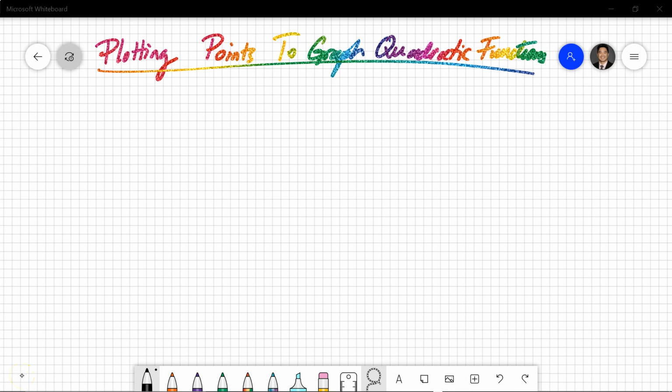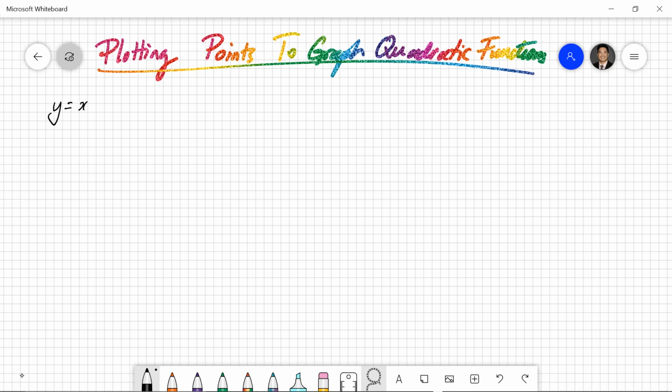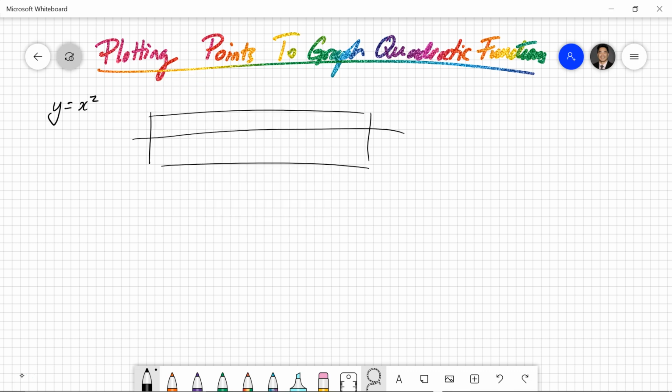So we're going to set up a couple of tables just to sketch a few graphs. First one is y equals x squared, which is a very generic and the most basic of quadratic graphs. Okay, and we'll have a table here. We'll have our x values as -3, -2, -1, 0, 1, 2, 3.